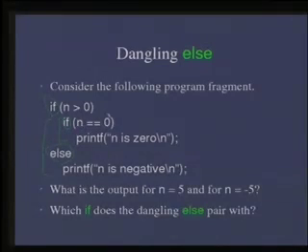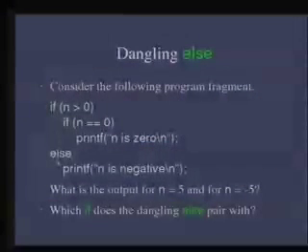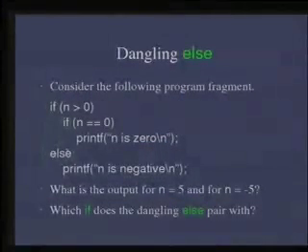Now this condition evaluates to false because n is not equal to 0, and what executes is this printf statement, which prints on the screen that n is negative for n equal to 5. And similarly for n equal to minus 5, you will find, if you trace the program, that if this else is associated with the outer if, then the output is "n is negative", whereas if this else is paired with the inner if, then there is no output at all.